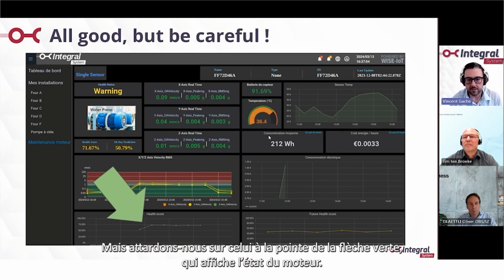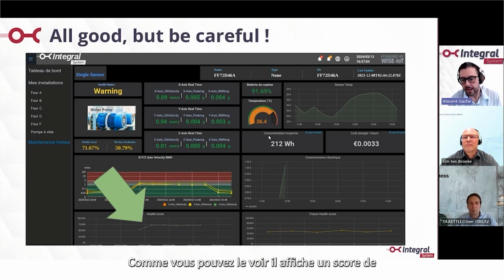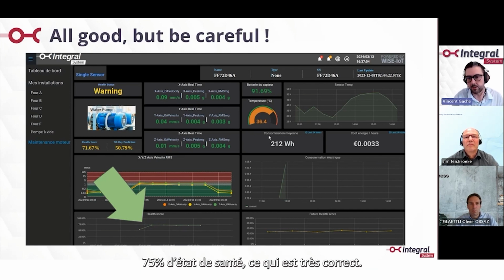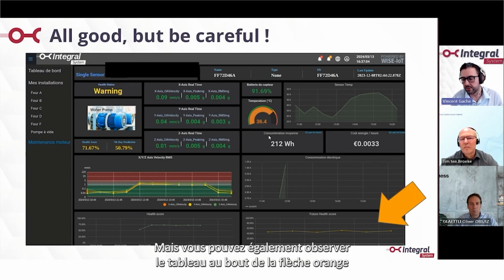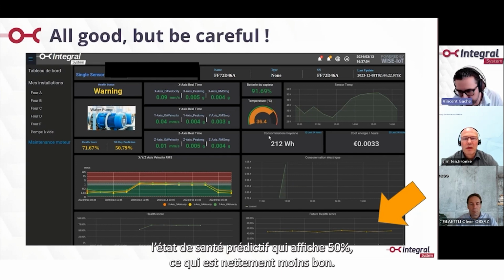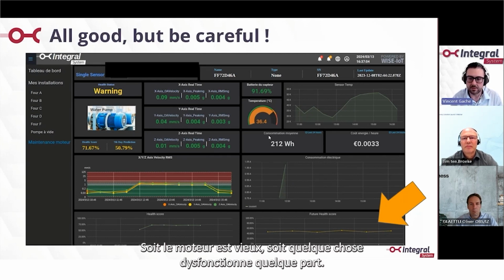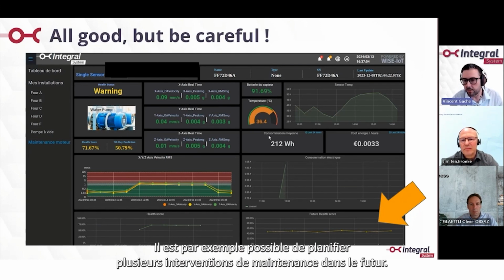This one shows with the green arrow the health score of the motor. And if you check, it's around 75%, which is quite good for this one. But you can also have with the orange arrow the future health score, which is around 50%, which is not that good. So maybe the motor is old or something is not going very well. So maybe you can schedule a maintenance task in the future.